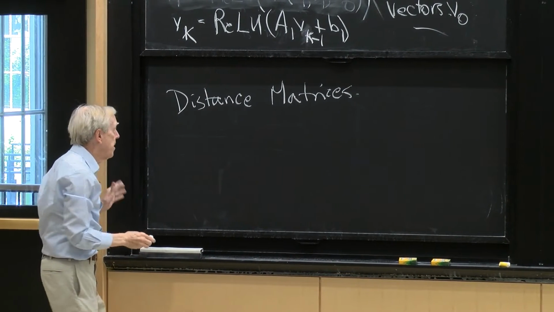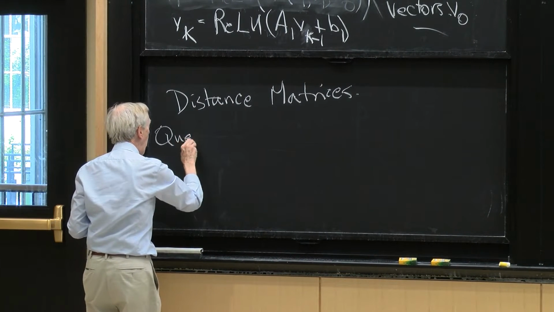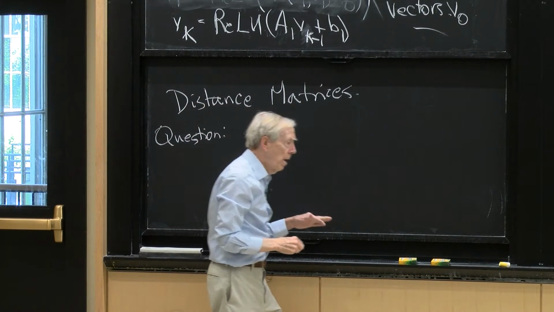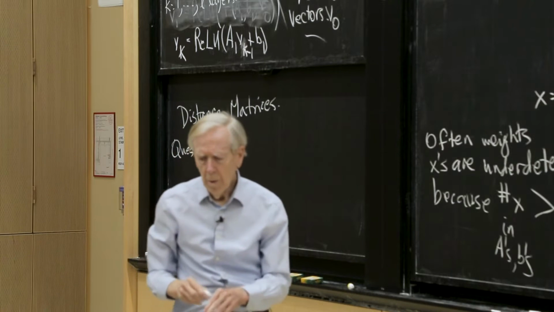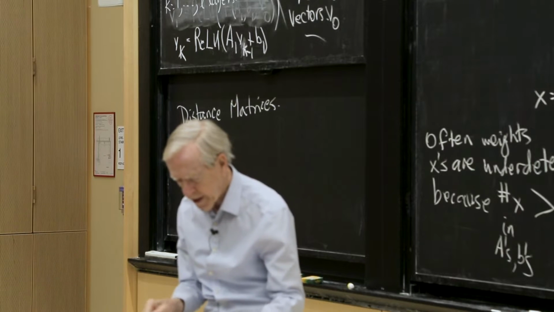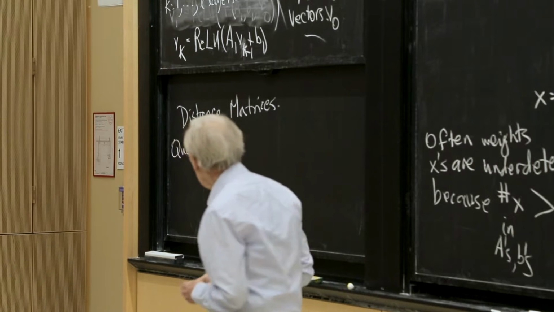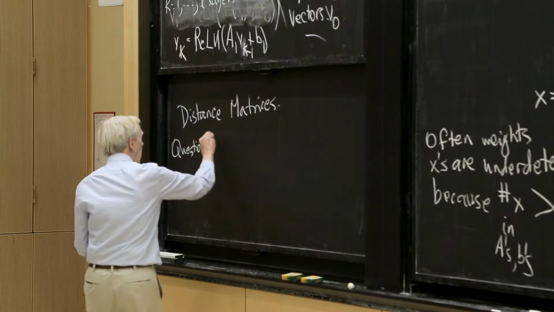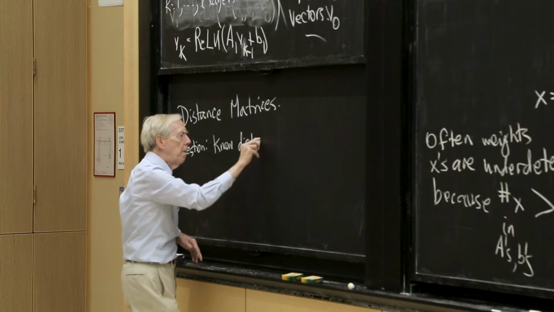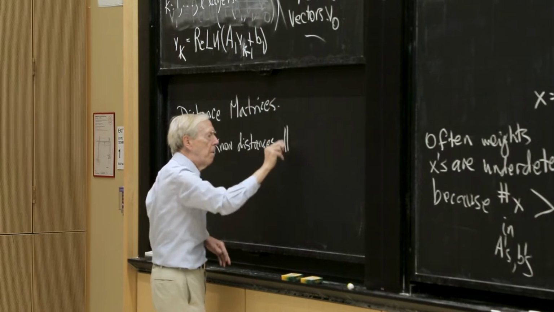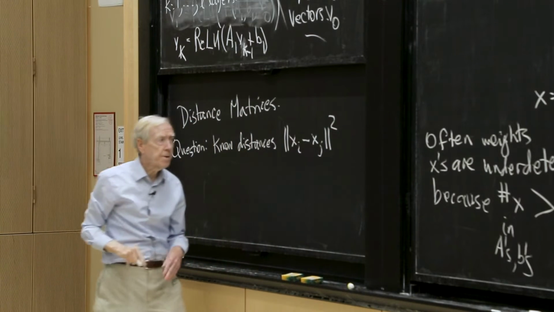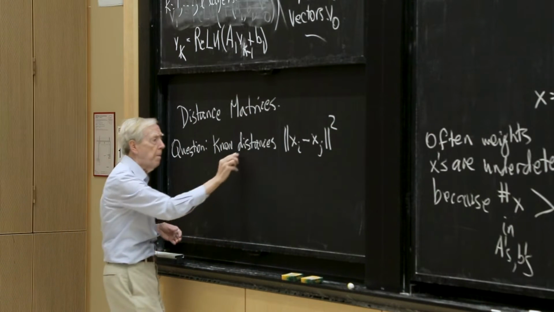And the question is, if we have a bunch of points in space, and what we know is the distances between the points. And it's convenient to talk about distances squared here.